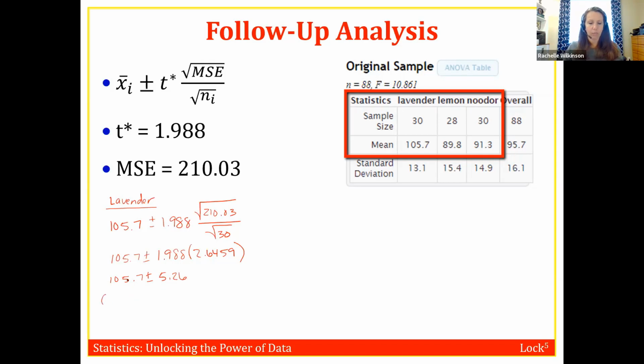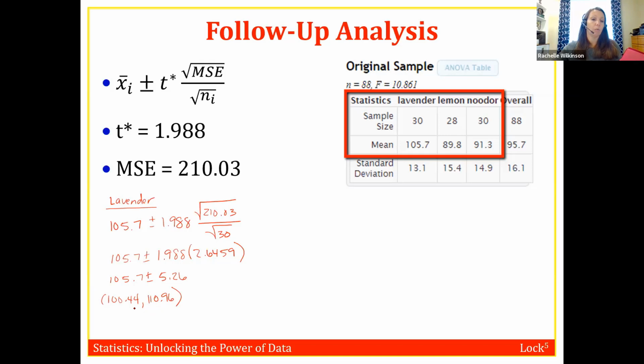So now I'm just going to take 105.7 minus 5.26, which gives me 100.44. Then I take 105.7 plus 5.26, which gives me 110.96. And that's it. That's my confidence interval for lavender. And I interpret this confidence interval just like we've always been interpreting confidence intervals.